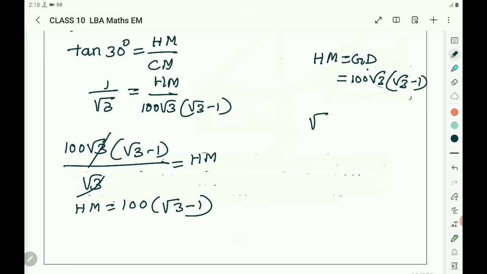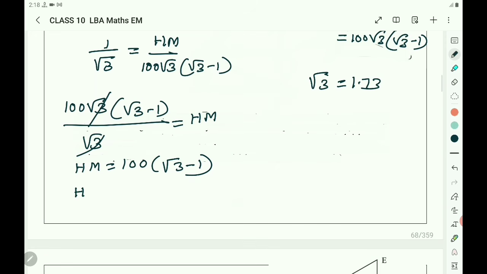You can take root 3 is equal to 1.73. Then you write HM is equal to 100 into, write the value of root 3, 1.73 minus 1. The value of root 3 is not given, but you know it. Approximate value of root 3 is 1.73. You can put it.